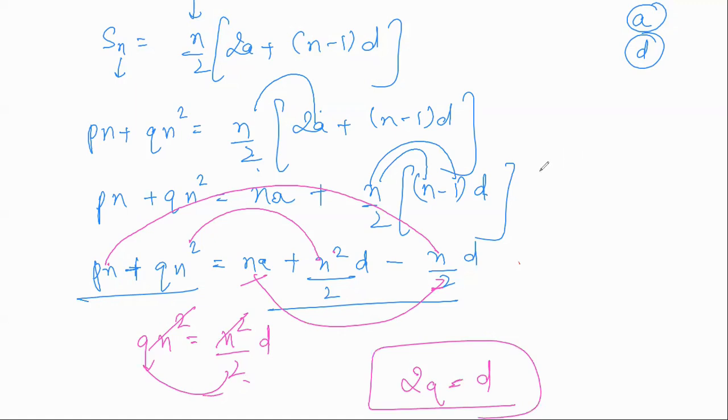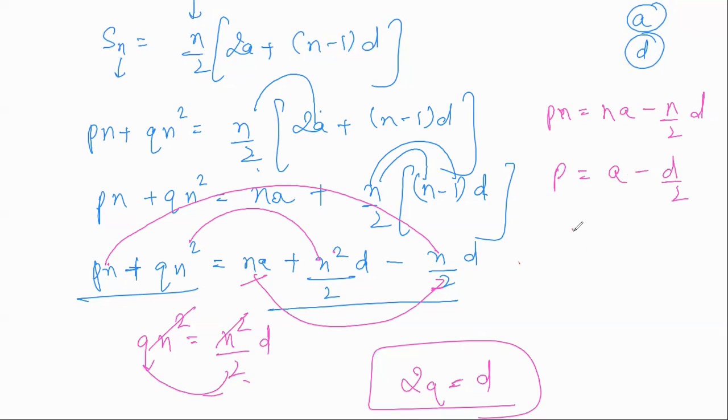If you want to compare the n parts also, because here we have Pn, you have to compare this whole part. Taking n common, it cancels out, so it will be p equals a minus d by 2.